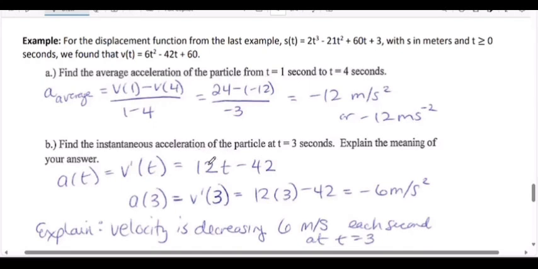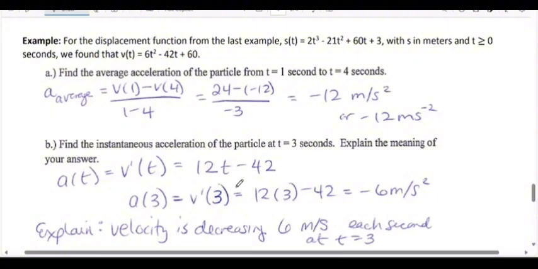Now you want to find the instantaneous acceleration of the particle at time t equal to 3 seconds. You have to differentiate velocity to get acceleration. Whenever you ask about instantaneous acceleration, it requires that we have an acceleration function. Differentiating gives us this.